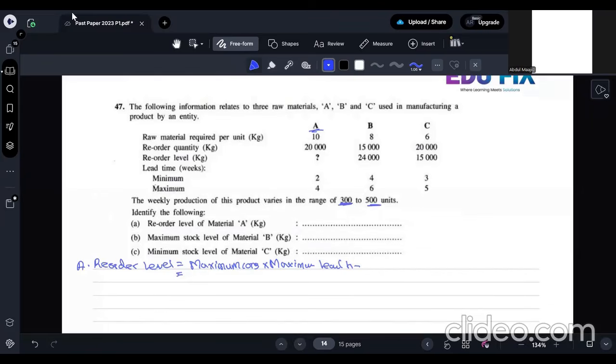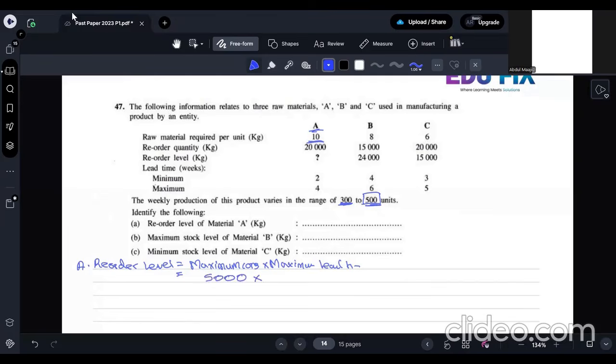The maximum production is 500 units, right? Then 500 into, we need for 1 unit 10 kilograms of A. Then the maximum consumption will be 500 units into 10 kilograms of A for 1 unit. We will need 5,000 kilograms of A.